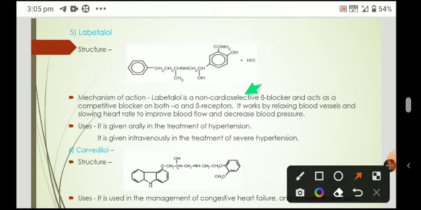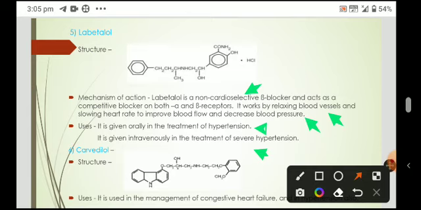It works by relaxing the blood vessels and slowing the heart rate to improve blood flow and decrease blood pressure. Uses: it is taken orally in the treatment of hypertension and intravenously in the treatment of severe hypertension.